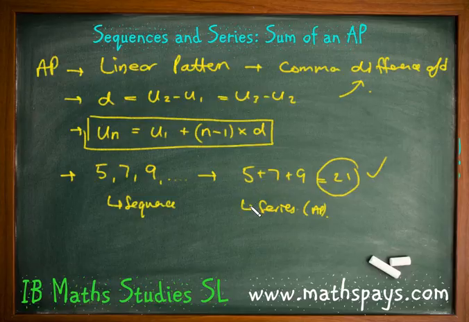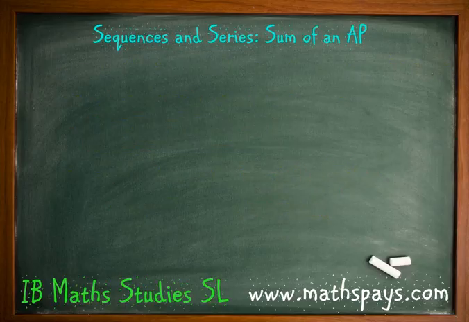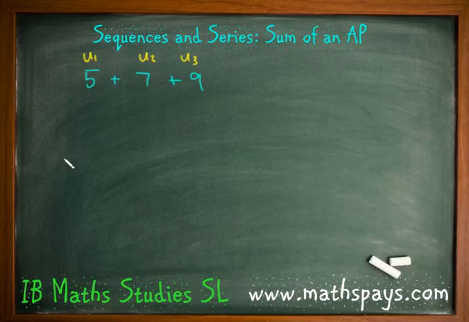So I'm going to break this one down like I did originally when we were looking at the general term. If we had 5 plus 7 plus 9, we have our U1, our U2, and U3. I can show you the actual way that we do that. We have our U1, our U1 plus our difference, our U1 plus our difference plus our difference.